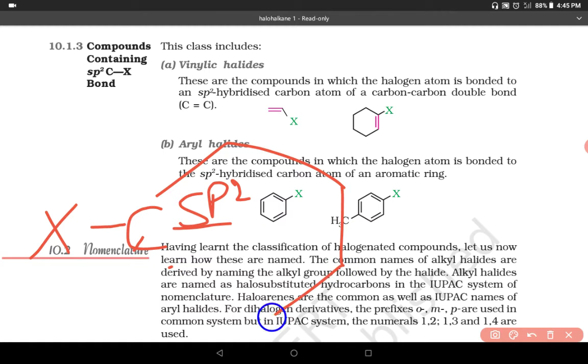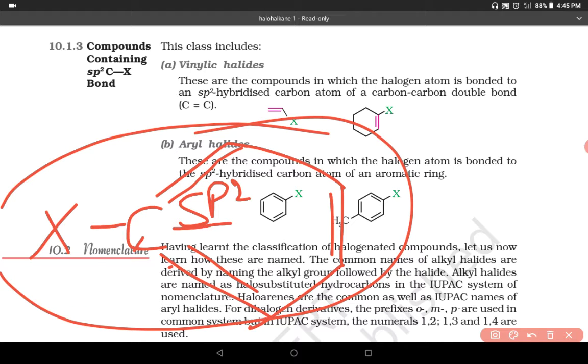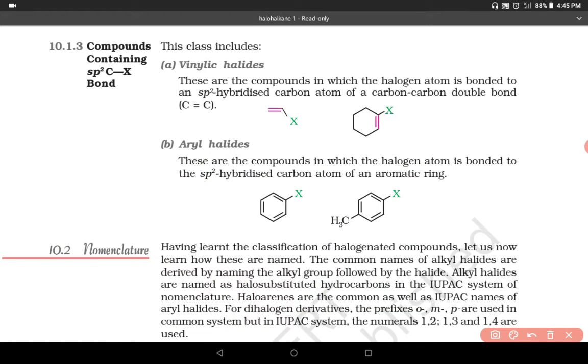Only if it is included in the aromatic ring can we say that this is an aryl halide. Are you clear with this? The carbon atom should be included in that aromatic ring.